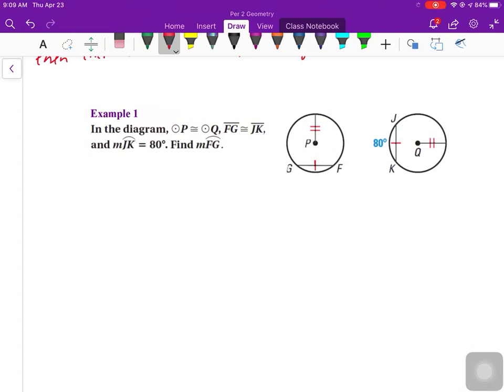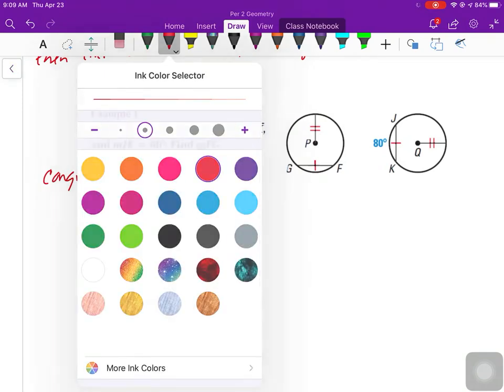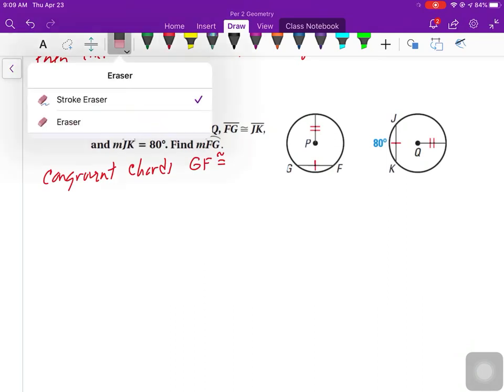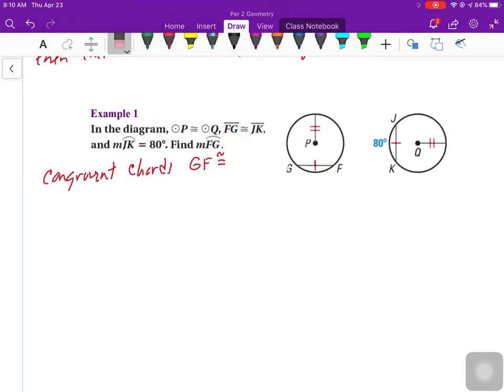When you look at this, you can see that the circles are congruent because they have the same radius, and you can see that we have congruent chords. Segment GF is congruent to segment JK.